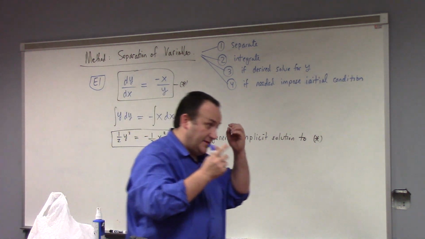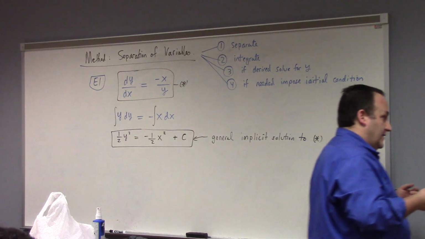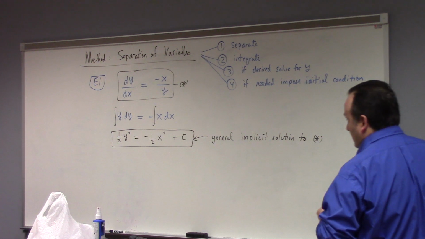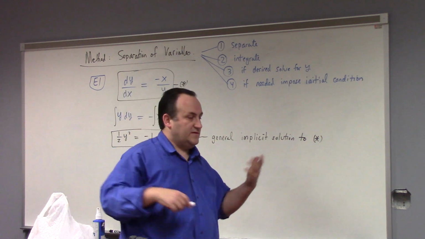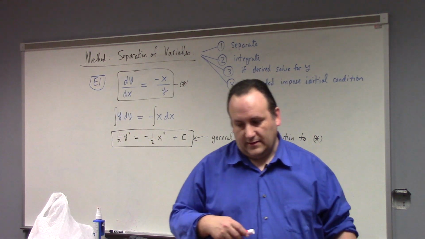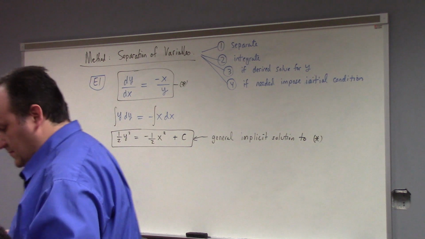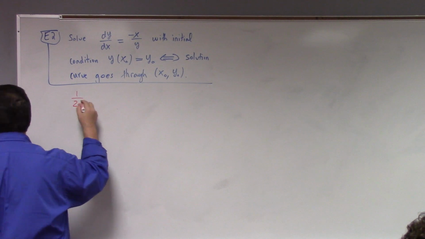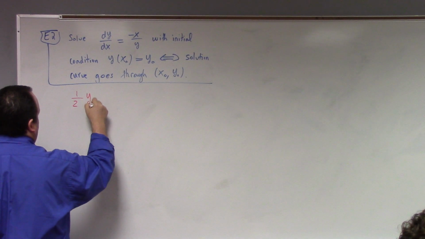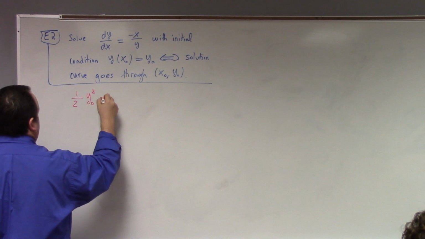Now there are 2 paths we can go down here. The one path is just to use example 1. And if we do that, what will we do? Just plug it in, right? Like we've got 1/2 y naught squared equals what?